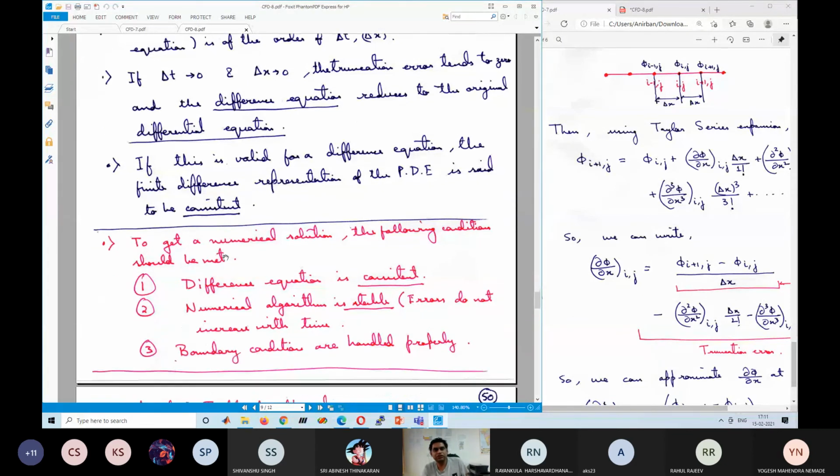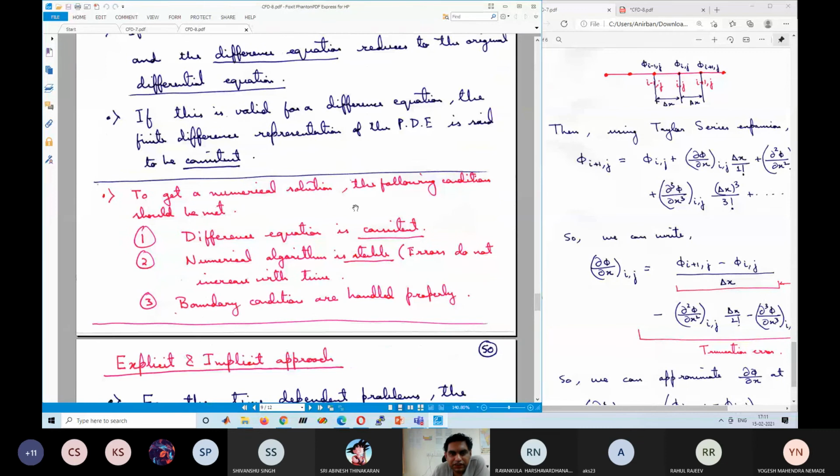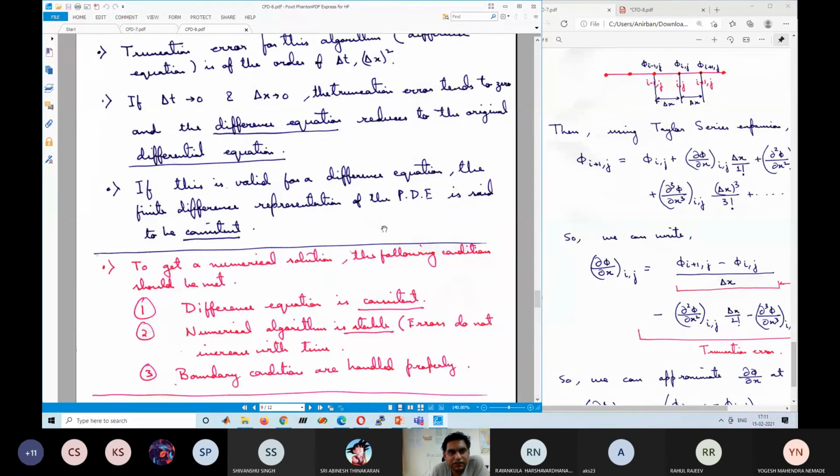To get a proper numerical solution, we need a few criteria. What are these? The difference equation should be consistent, which means that if delta t and delta x tend to 0, the finite difference representation should go to the differential equation.